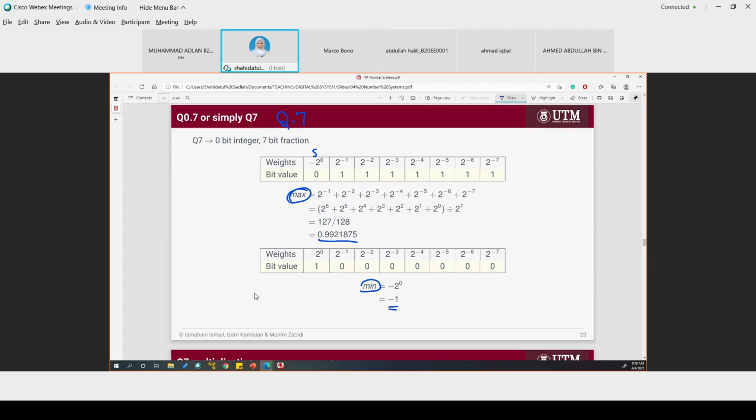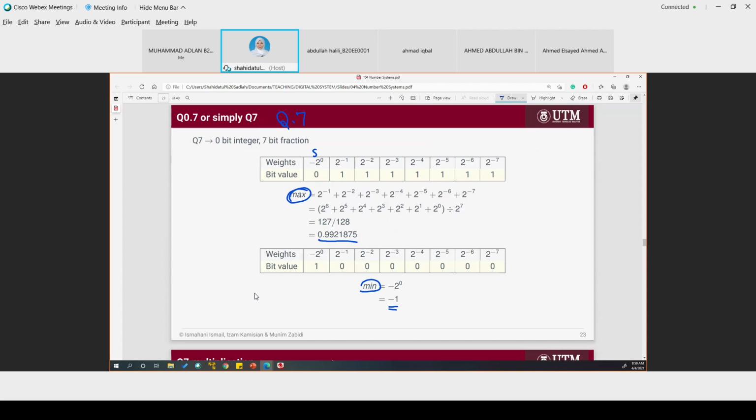We can calculate the maximum and minimum value of a Q format by trying to find the decimal for the maximum value. It must be positive. Positive is bigger than negative, right?